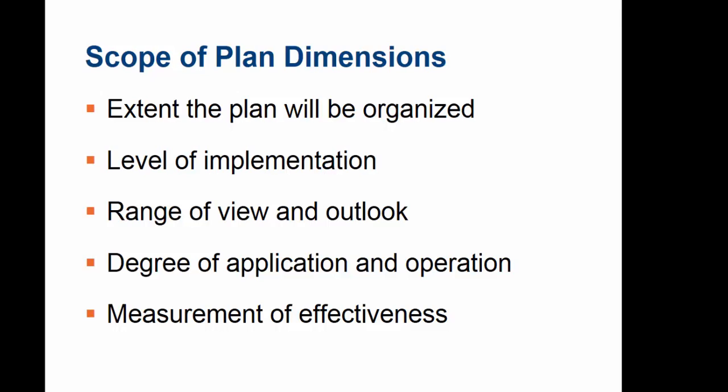And so basically you have to have a scope of plan dimensions: the extent of the plan, how it will be organized, the level of implementation, the range of view and outlook, degree of application and operation, and measurement of effectiveness.